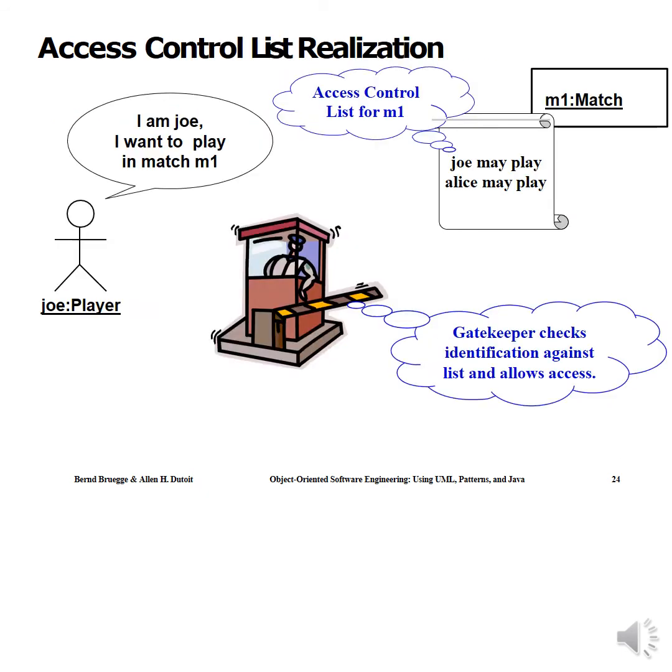So an example of an access control list is one in which the access control list for match M1 is provided, in which the actors' access is given, that these actors may access or may not access. So when a player wants to play the match, the gatekeeper checks against the access control list and decides whether the access should be allowed or not.